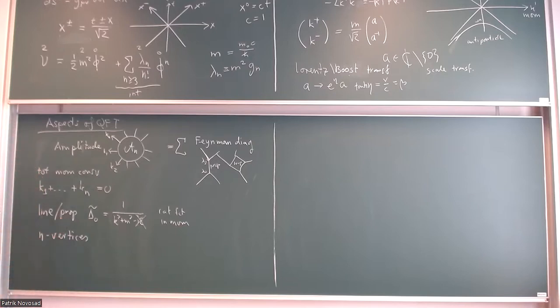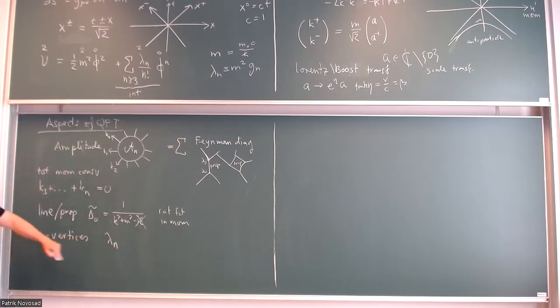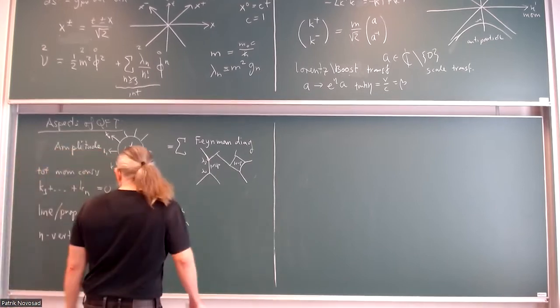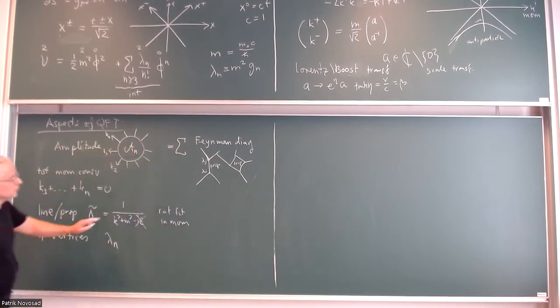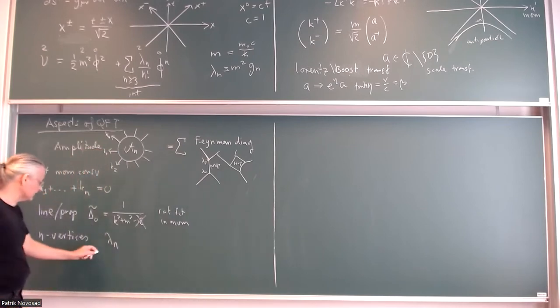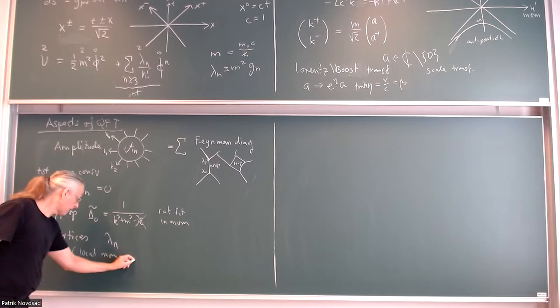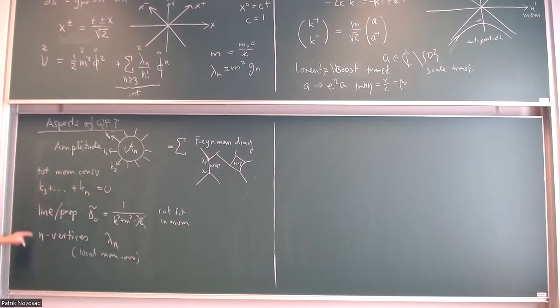So that's the propagator, and the vertex is given by the n interaction. So we will just have to multiply by the lambda here. Okay. And of course we will also assume that in each vertex there is momentum conservation. Should we call it local momentum conservation in each vertex? These two, or maybe together with it, this is called Feynman rules.